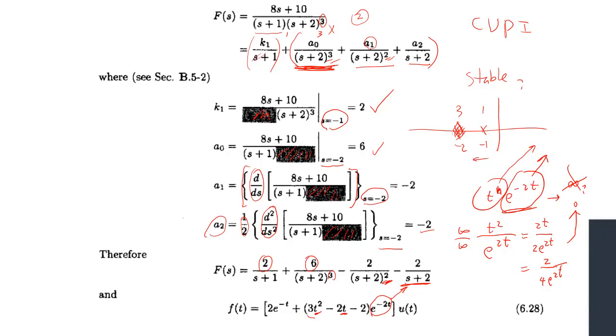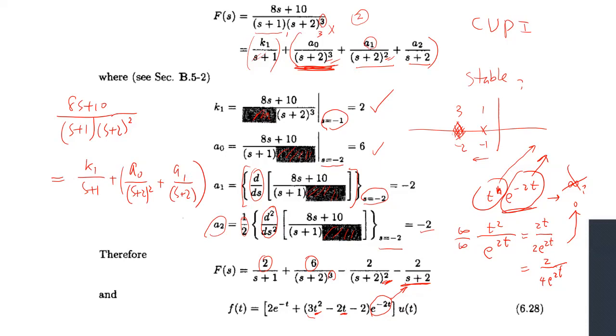Okay, so if I do this, I have this one here, I have s plus 1, s plus 2 squared. So what is this? So you have k1 divided by s plus 1, then you should plus a0 over (s plus 2) square plus a1 over (s plus 2).